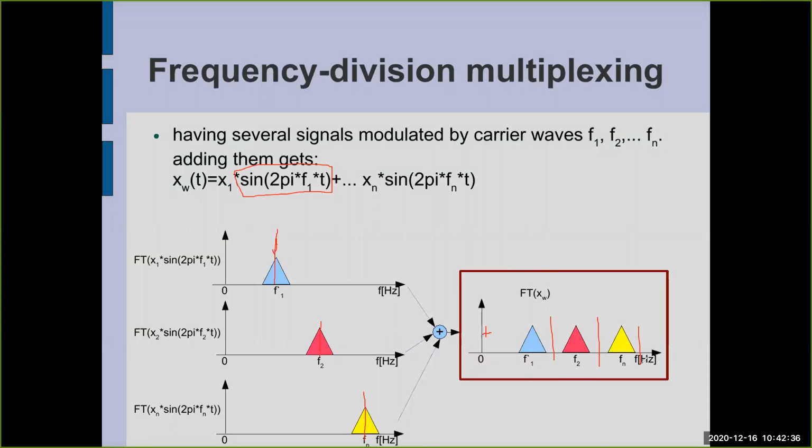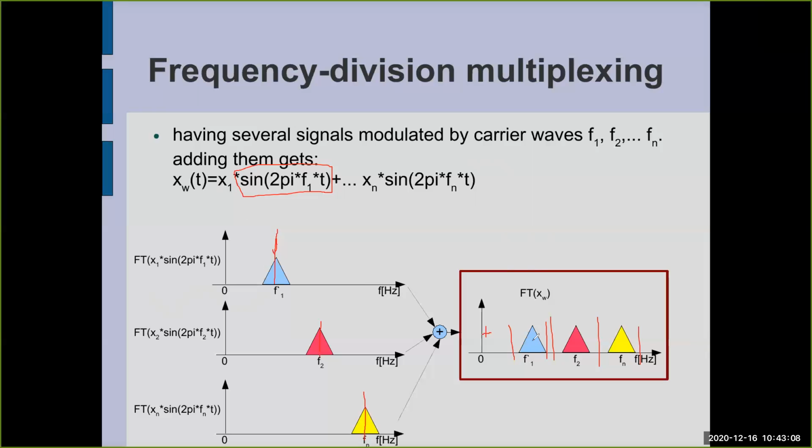So I can send them using a single, let's say, medium, even a single-layer wire, or wirelessly. And you can see that if I cut this part from the signal, I can recover the original X1 signal.